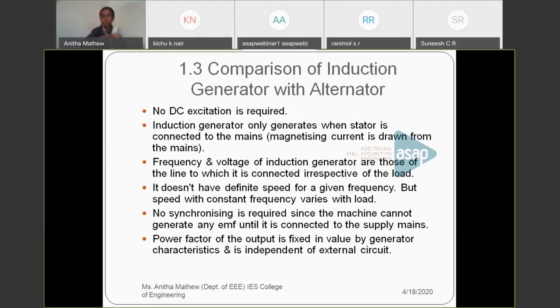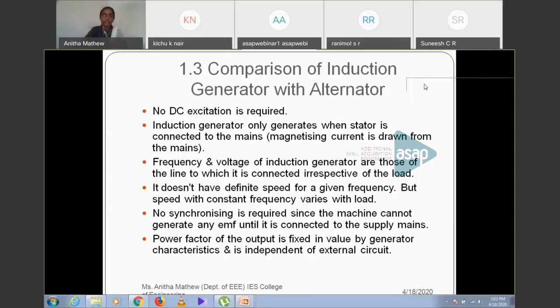The stator should be connected to the three-phase supply to generate voltage. The frequency and voltage of the induction generator are those of the line to which it is connected, irrespective of the load. That is, the frequency and voltage of the induction generator will be the same as that of the line which we are connecting, and it does not depend upon the load.